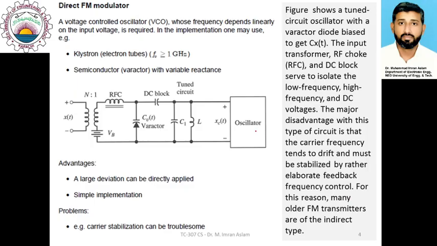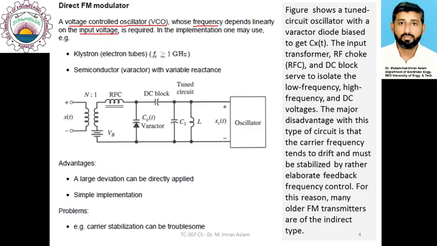So let us talk about the direct FM modulator. As I mentioned, the direct FM modulator is basically generated by using a voltage controlled oscillator. So what is a voltage controlled oscillator? This is basically an oscillator, as the name says, but the main thing regarding this oscillator is that its frequency is not fixed. Its frequency is dependent on the input voltage.